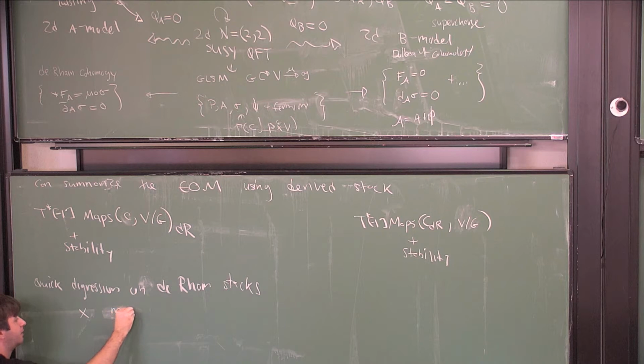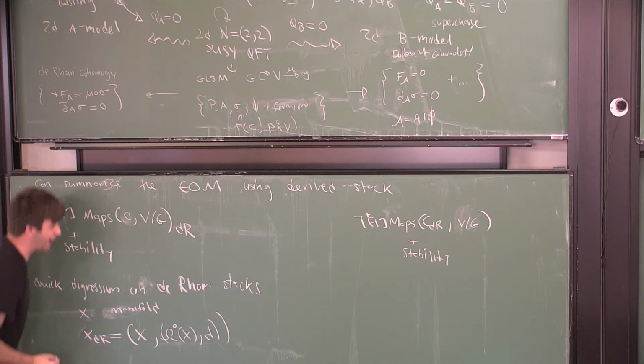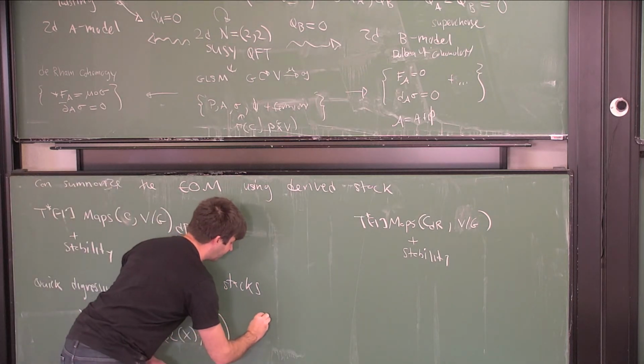Actually, let's just say that. X de Rham is the following derived stack. You take X and consider it with its ring of functions being the differential forms on X, with the de Rham differential. You don't need to know very much about it.